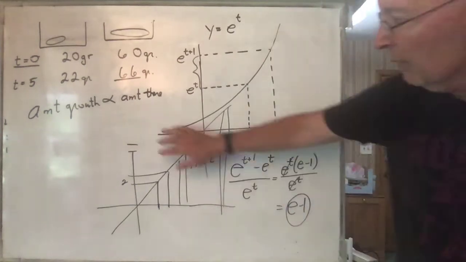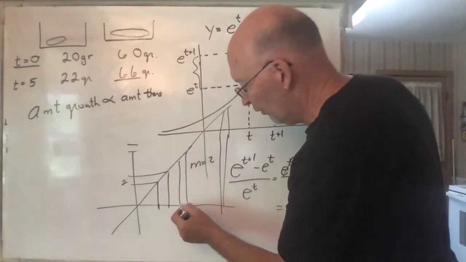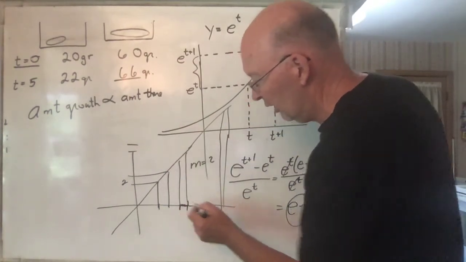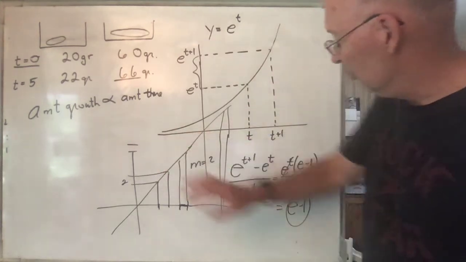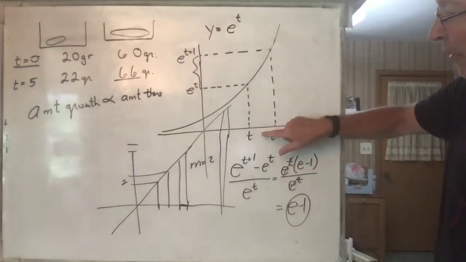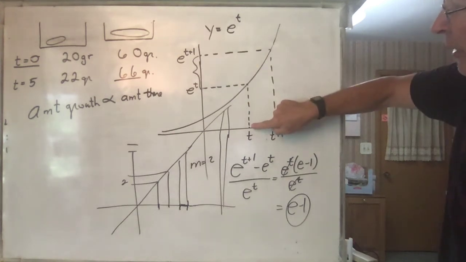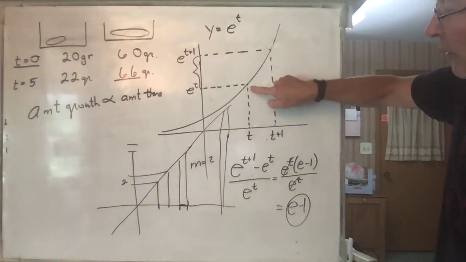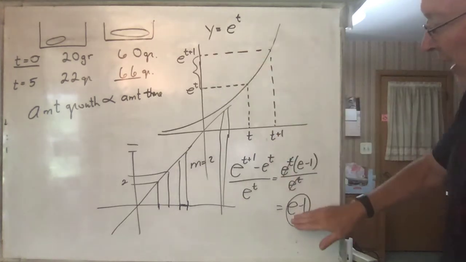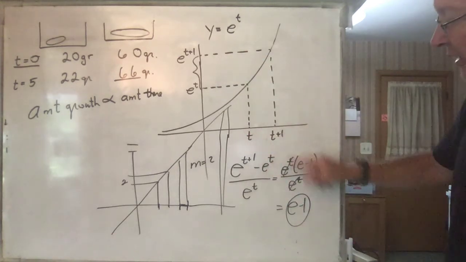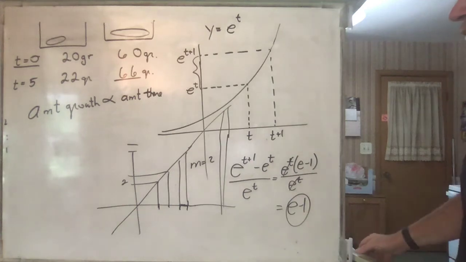See that? As you go from one point to 1 point further, the amount of change is always going to be 2. But here, with exponential growth, the amount of change depends on how much you have to begin with. If you have more to begin with, you're going to have more change. And no matter what value of t you have, that relative amount of change is always the same.